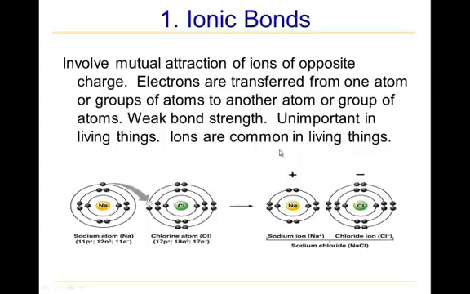If we look here at the example, this is showing the formation of common table salt, sodium chloride. And so we see a sodium atom and a chlorine atom. You'll notice that sodium has only a single electron in its third shell, which can hold 18. This makes it very unstable, and so it very readily will donate that.